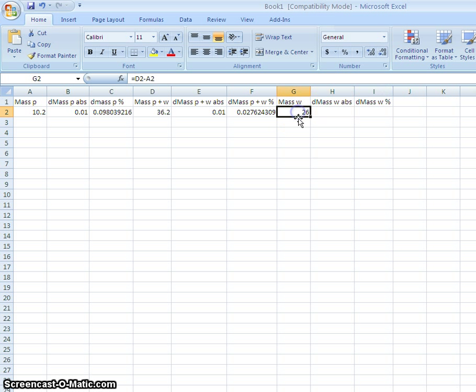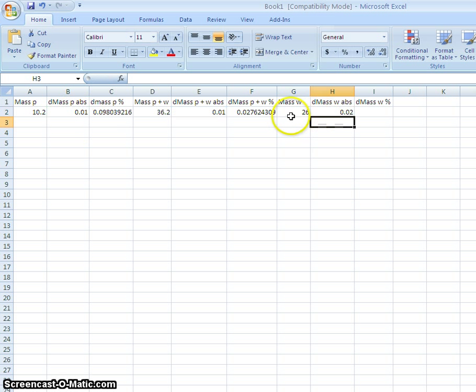Alright, so to get this 26, I actually did some subtraction. When you're subtracting numbers, and now I need the uncertainty on the mass of water, I have to add the absolute uncertainties of the two numbers that I used. So I'm going to put this in as a formula: it equals the absolute uncertainty on the 36.2 plus the absolute uncertainty on the 10.2.